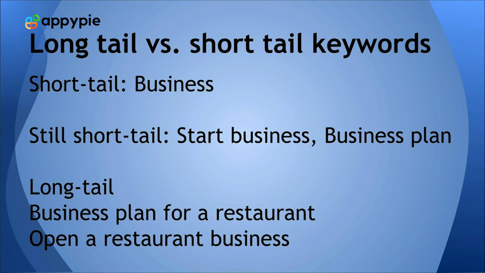So you have to compete with some of the best. So what happens is, because usually in the beginning you can't compete against the best, you go for longer keywords that have less competition around them. So for example, start business or business plan or business ideas, or keywords like that are still common and popular, but they're not as difficult to rank for.